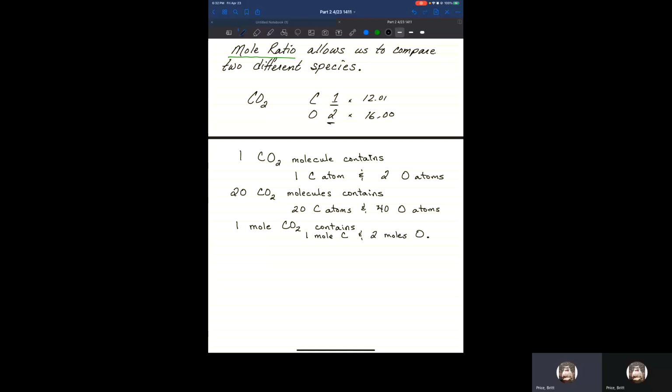In this case, my different species are the various elements within a single compound.